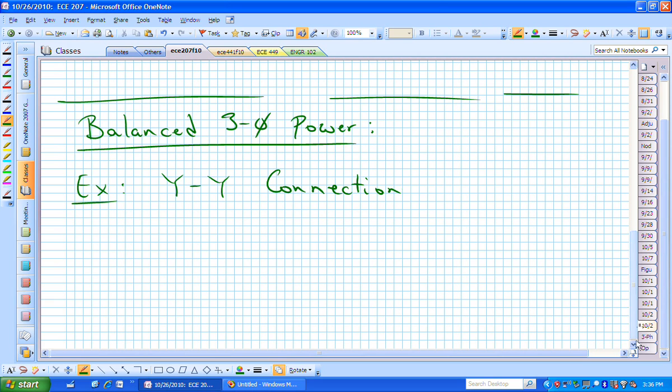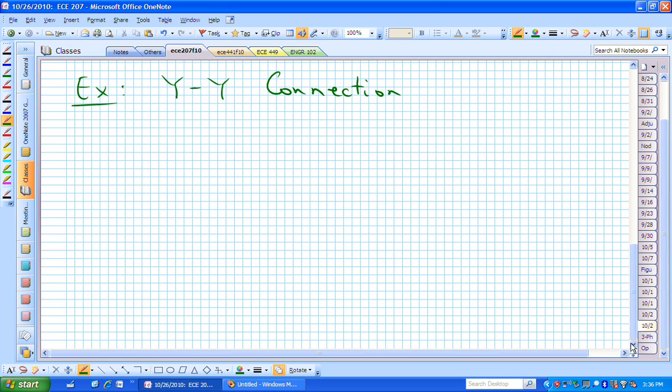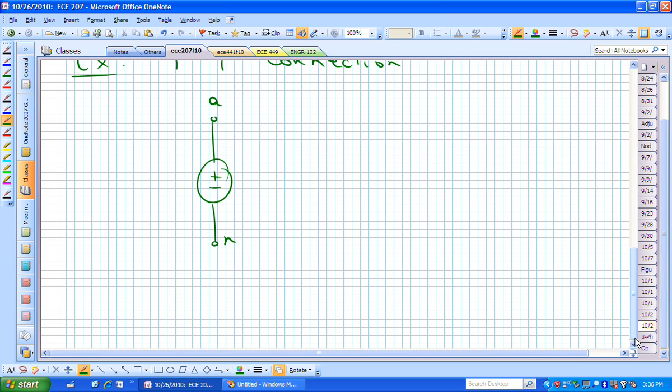In a Y-Y connection, we have Y sources, and those Y sources are connected from the high side to the neutral. Let's say that's the A phase source voltage, and that last time I think we were calling V sub phi. That was the common magnitude for all of these. And the A phase, a lot of times we do reference at 0 degrees phase.